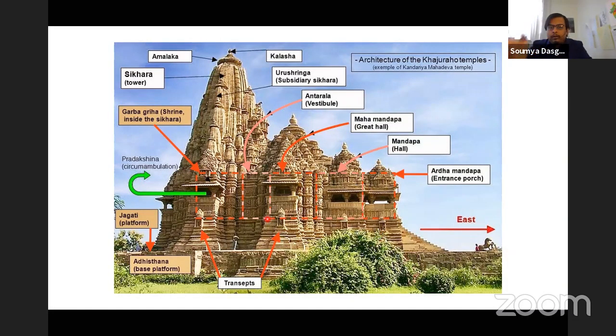And then you have three mandapas here: the entrance porch with the Ardha Mandapa, then the Maha Mandapa, and then the Mandapa in the middle. And if you follow this line, and you are standing here, here is a human being. You can see both the power of this form over the human or whichever worshipper it is, and also the scale of intimidation, not in a bad sense, but in the sense that the god is indeed greater.